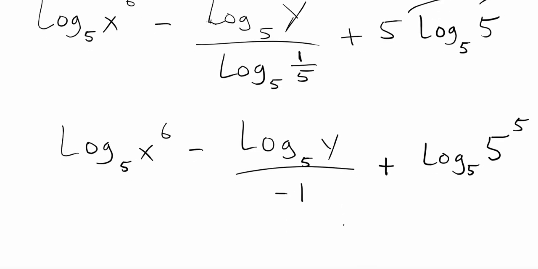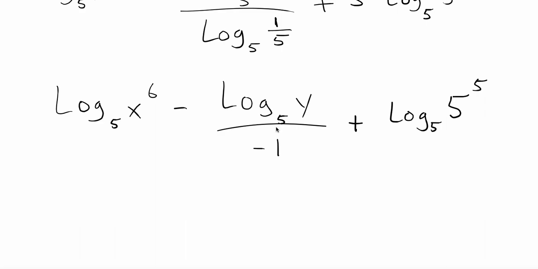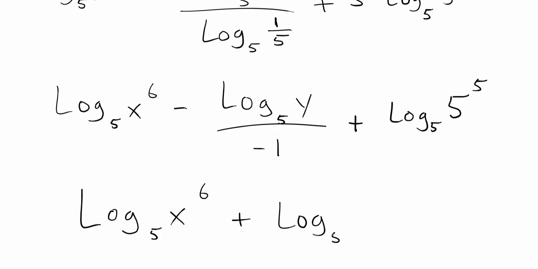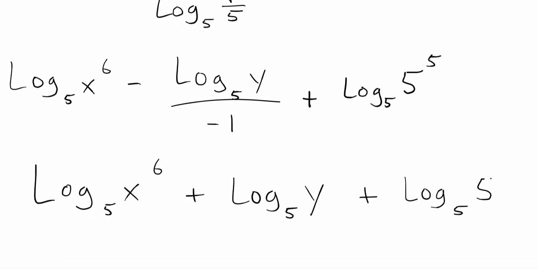So I would now have that. And now, first let me just get rid of that negative 1, make it a little easier. This is cool because I have all log base 5s.